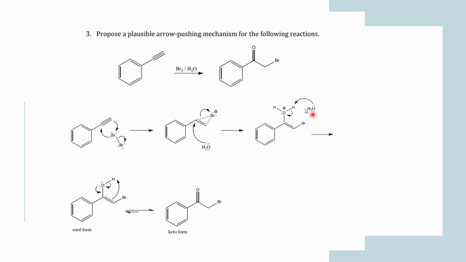And after removing a proton, you get an enol as the product, till here. This enol first forms.